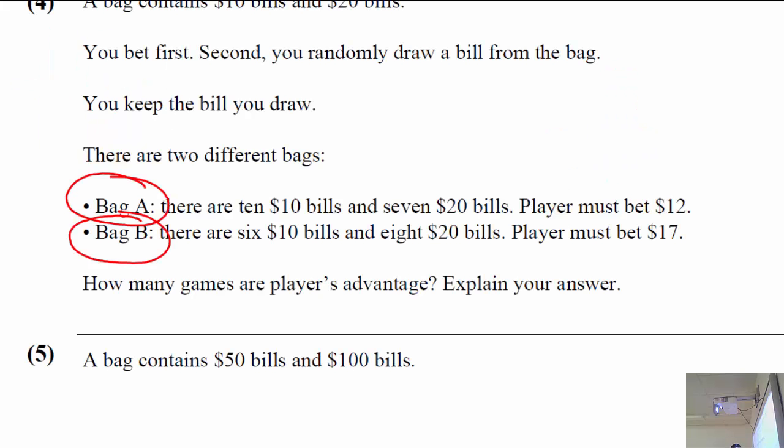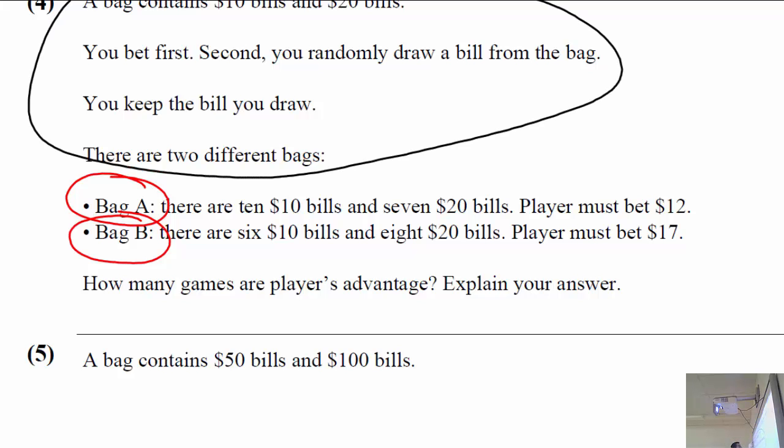Let's go back to the question. The detailed information here tells you that whatever money you get from the bag, that's what you're going to keep. So there are 10 $10 bills and 7 $20 bills. If I choose $10, I'm going to keep that. If I choose $20, I'm going to keep that.